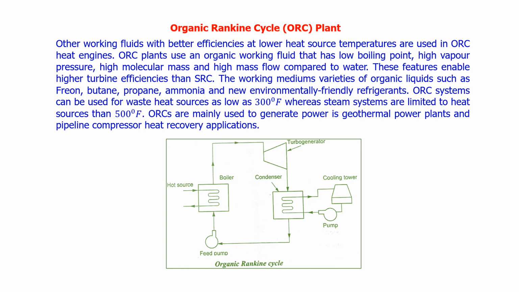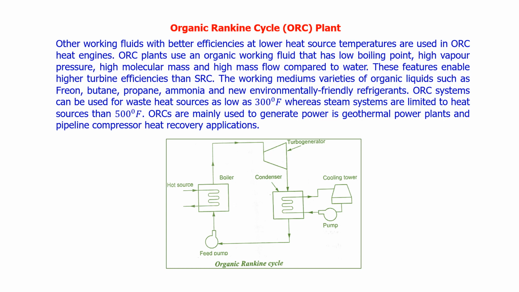So these are the essential characteristics of the organic Rankine cycle working medium. The working media here, freon, butane, propane and ammonia, have these important characteristics: low boiling point, high vapor pressure, high molecular mass and high mass flow rate than conventional steam or water.